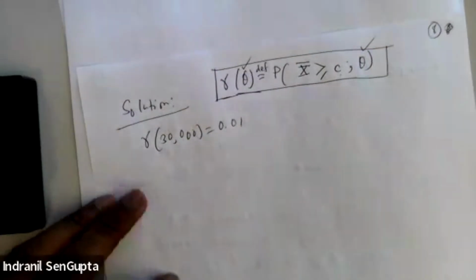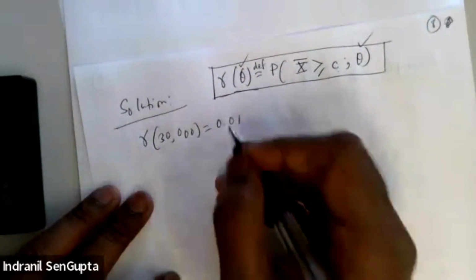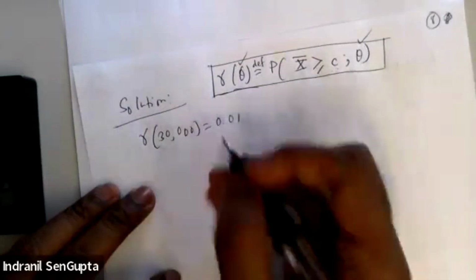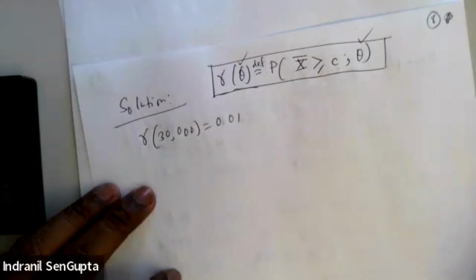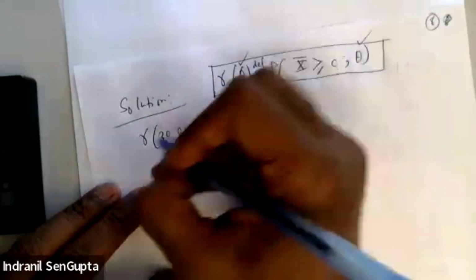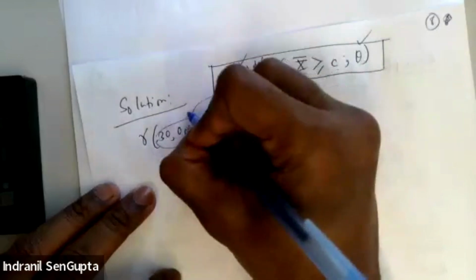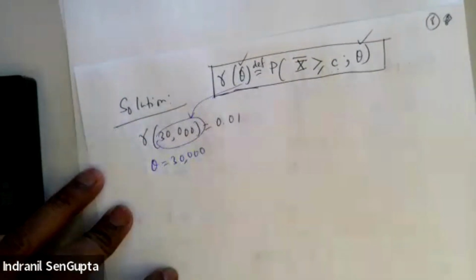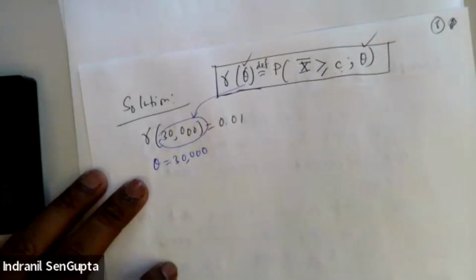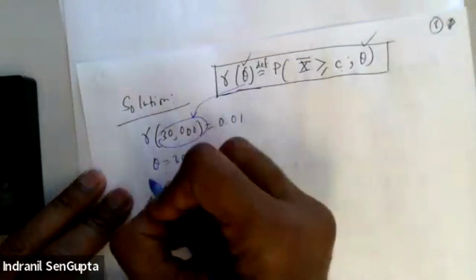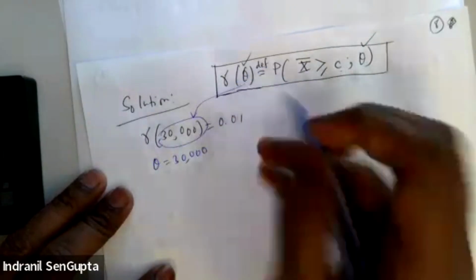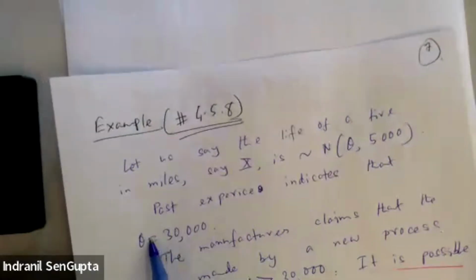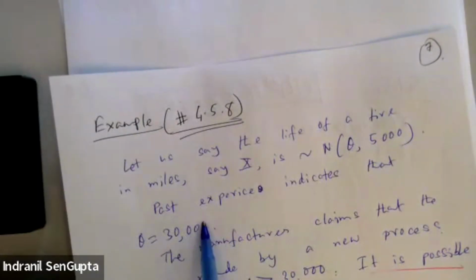Now, what about this one? Let's compute this. If this theta value is 30,000, what does it mean? Theta was the parameter that we are estimating, remember the previous sections. So that means we are saying that theta is 30K, right?